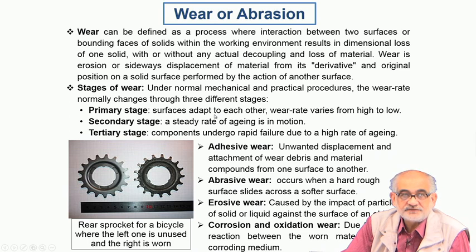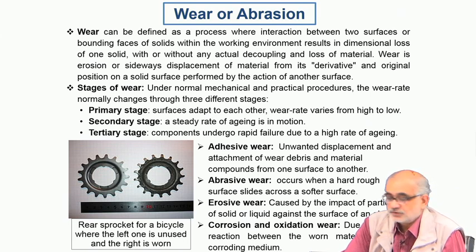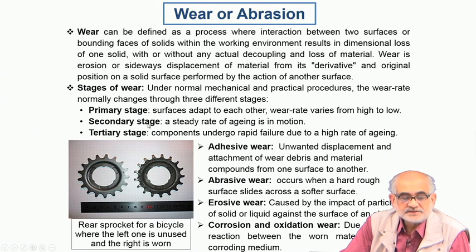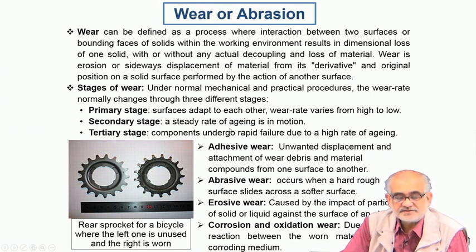But this is the stage when the two surfaces try to eventually become compatible with each other. So when the asperities are lost, the surface roughnesses reduce, and they become flatter and closer to each other. The second stage, or the secondary stage, is when we hit upon a steady state.